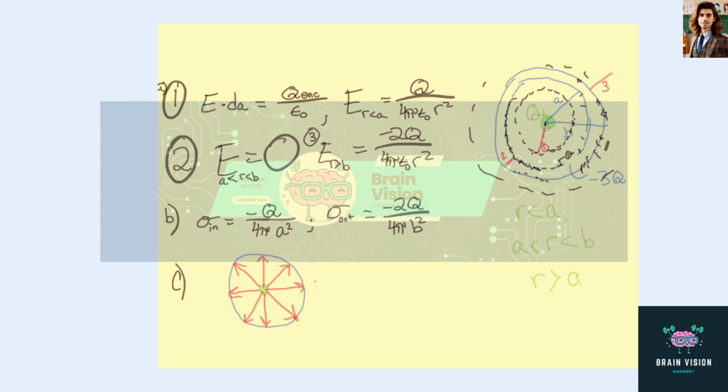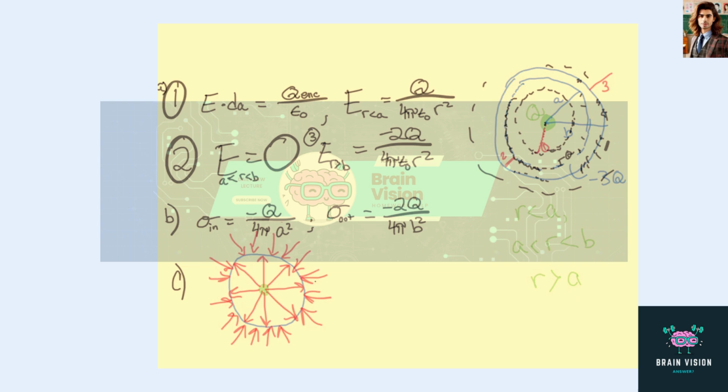Note that they're symmetrically spaced, they all have the same magnitude, and they'll all be perpendicular to the surface of both the charge and the shell. Then on the outside of the shell, we have 2Q, so we're going to have twice as many lines, coming in: 16 field lines. Those are my field lines.